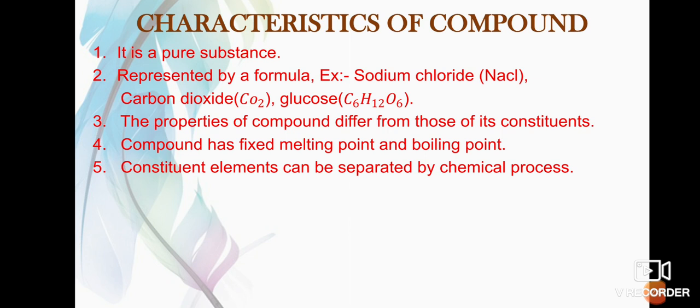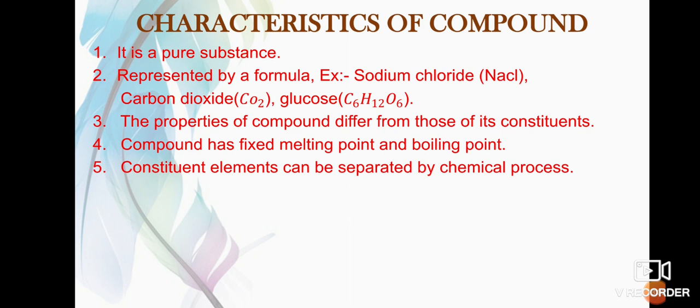For example, if you want to separate hydrogen and oxygen from water, then you can use the electrolysis method. Means electricity process. Electrolysis, electricity. Lysis means breaking into pieces. By using electricity, we can break the hydrogen and oxygen from water.